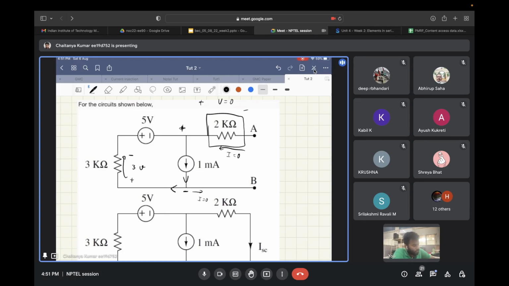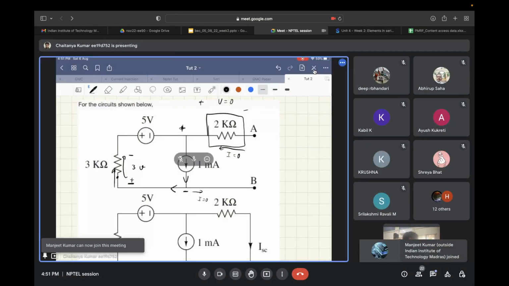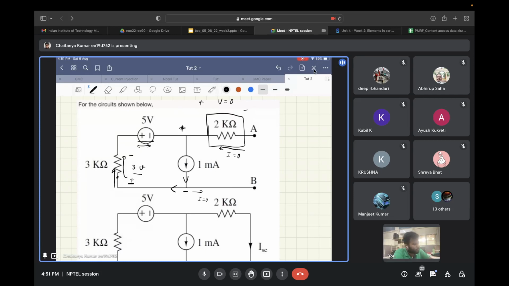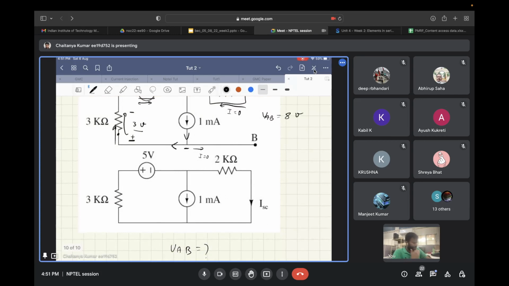For passive devices, if the current is entering a node, then this node will be considered positive. So we have 3 volts plus 5 volts, the voltage in the same polarity. So VAB comes out to be 8 volts. Now for the short circuit current.